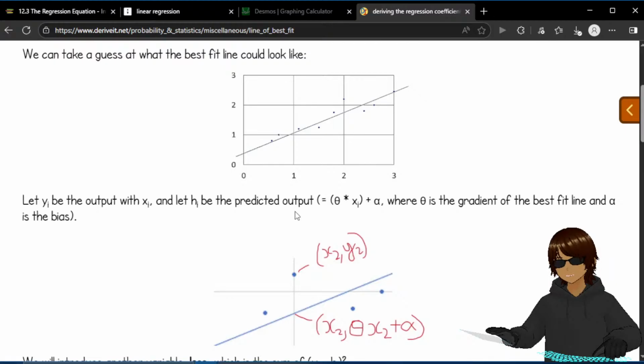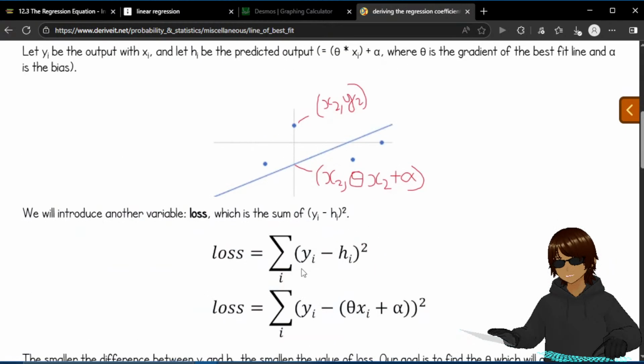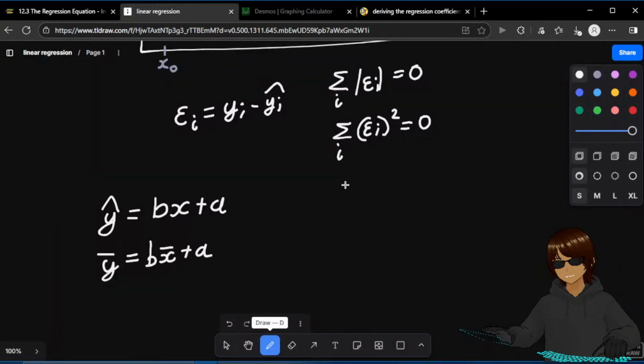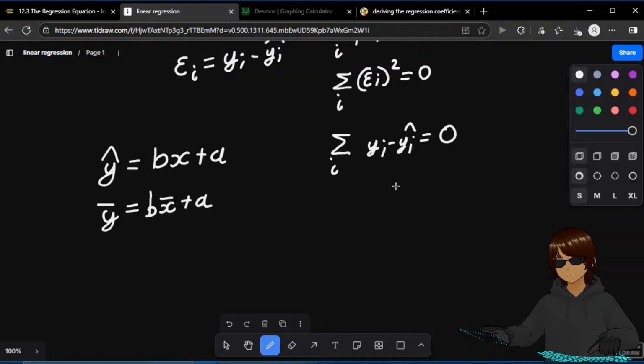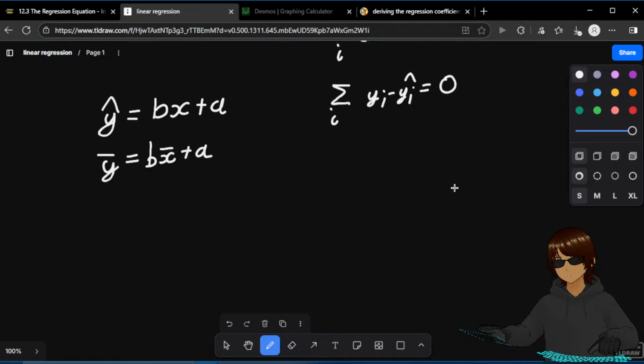So y hat i is the predicted, xi. The loss is this. We want to minimize the loss, right? Like we want it to be equal to 0.